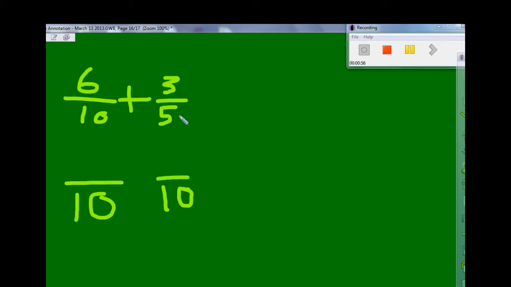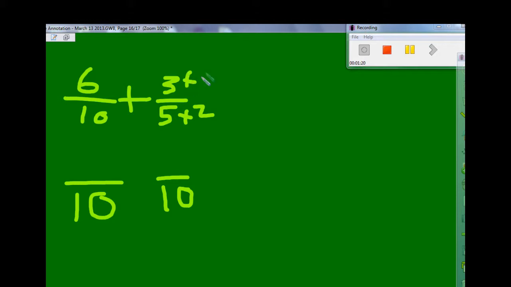And you times 5 by 2 to get 10, because 5 times 2 equals 10, and that's where we got our denominator from. Whatever you do to the bottom, you have to do to the top.